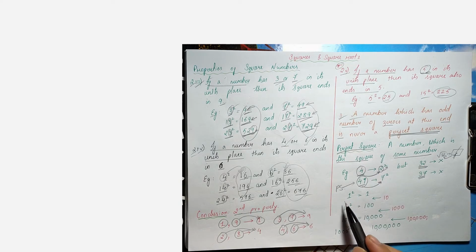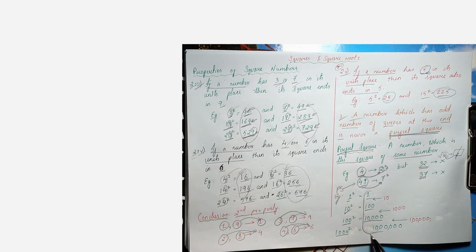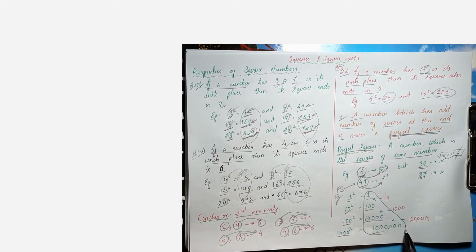Let us take an example. 1 square is 1, 10 square is 100, 100 square is 10,000, and 1000 square is 10 lakh. So in all these examples, these are perfect squares.